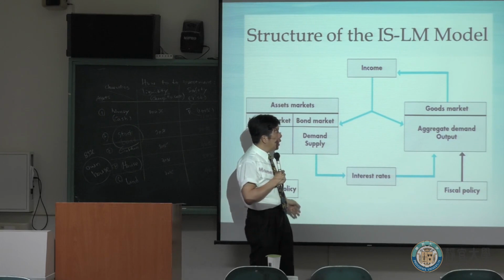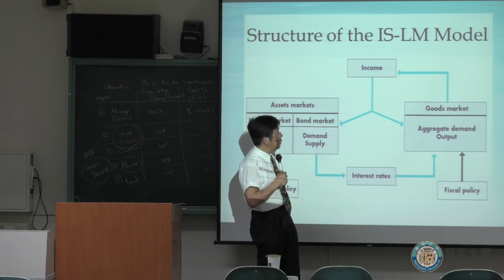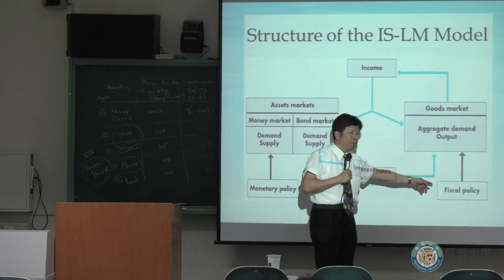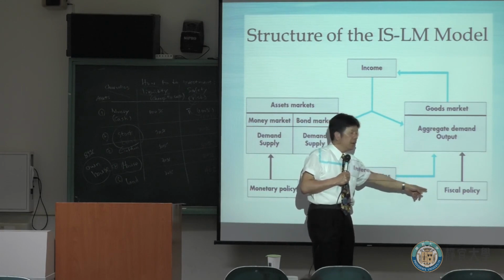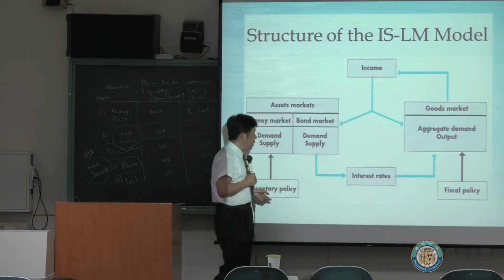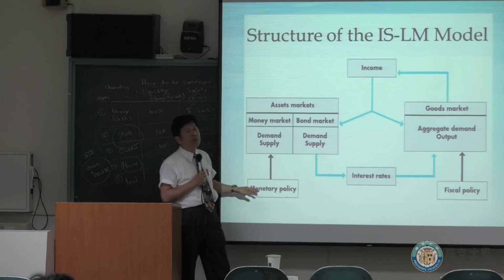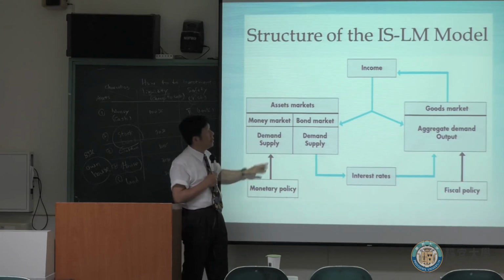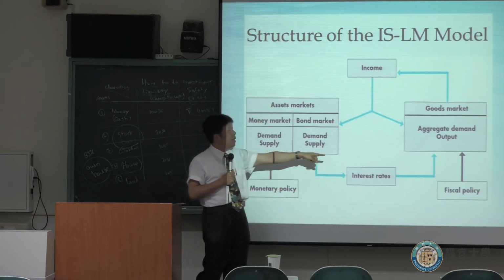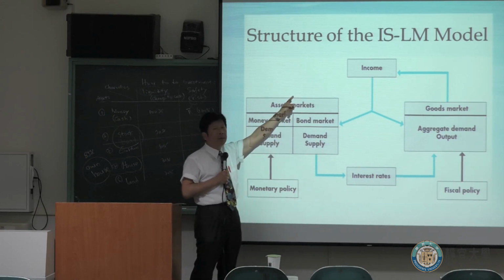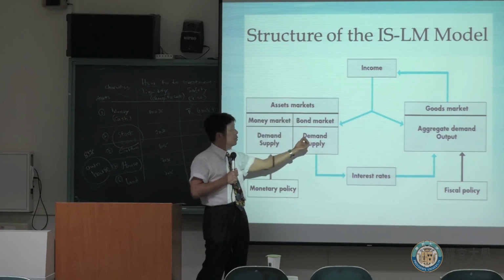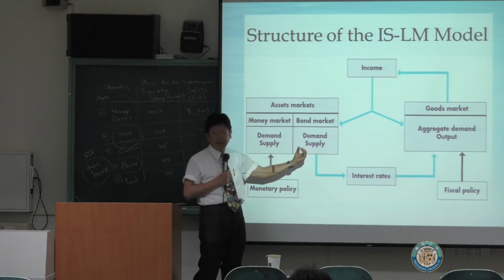In another way, this is fiscal policy and this is monetary policy. The monetary policy controls LM, and fiscal policy controls IS. So actually we want to combine both together.